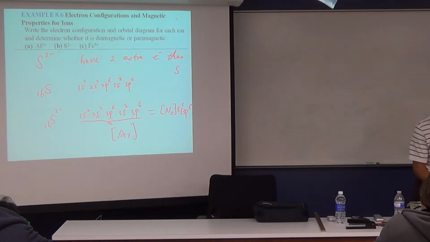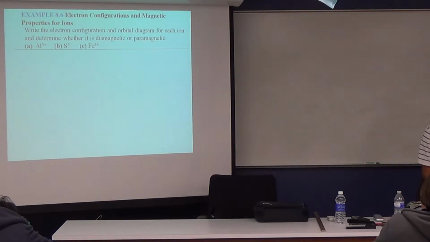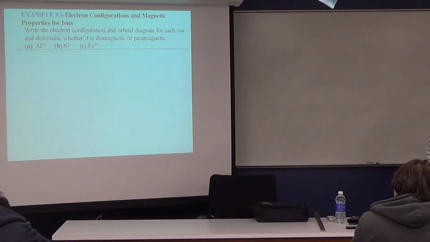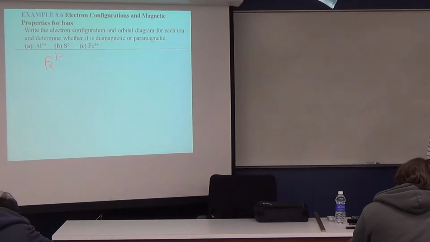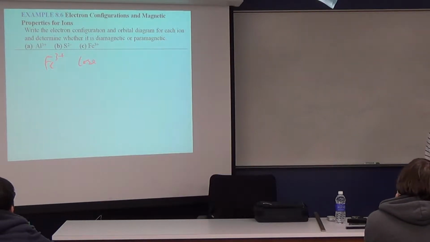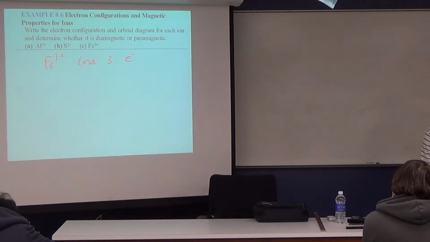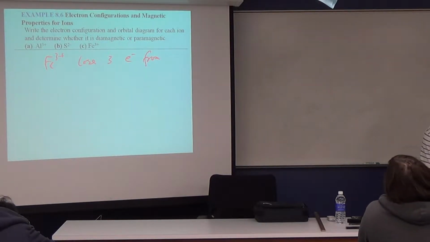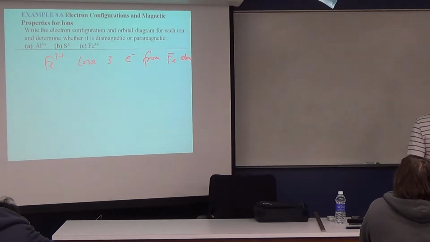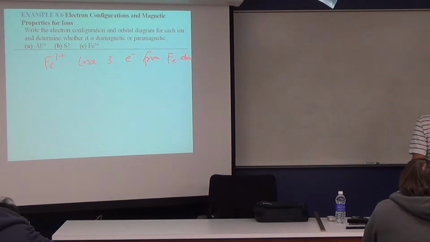The next one is Fe3 plus. To get Fe3 plus, we need to see that it loses 3 electrons from the Fe atom. When you take electrons away, as we saw on one slide, you have to identify what kind of atom you have.